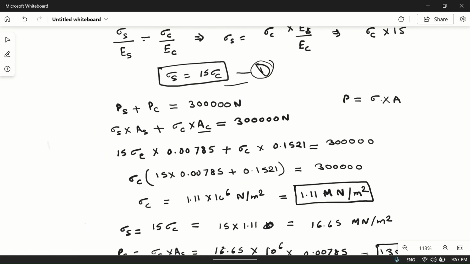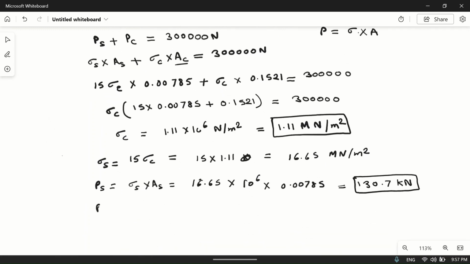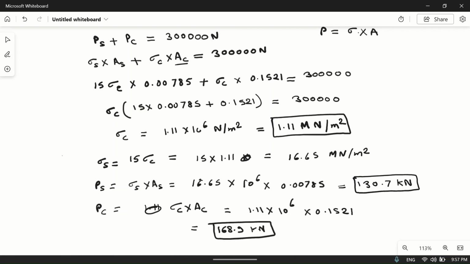Now the load carried by concrete will be equal to sigma concrete into area of concrete, which is 1.11 into 10 to the power 6 into 0.1521, which equals 168.9 kilo Newton. So we have calculated the load carried by these two components, steel and concrete, and also the stress on these two.